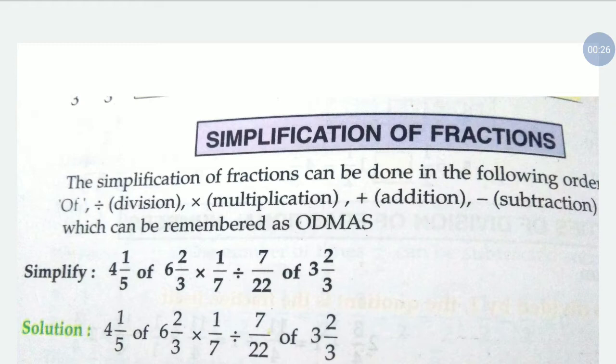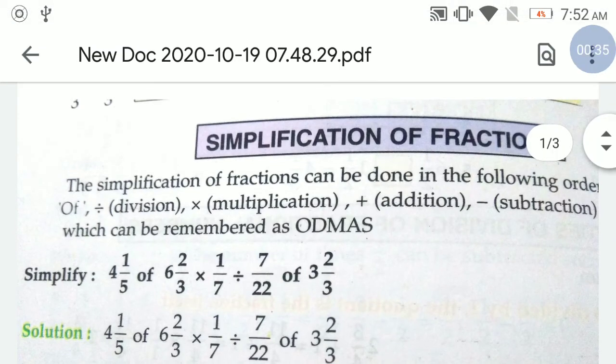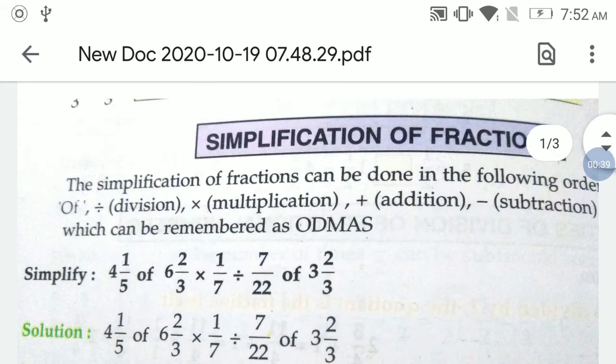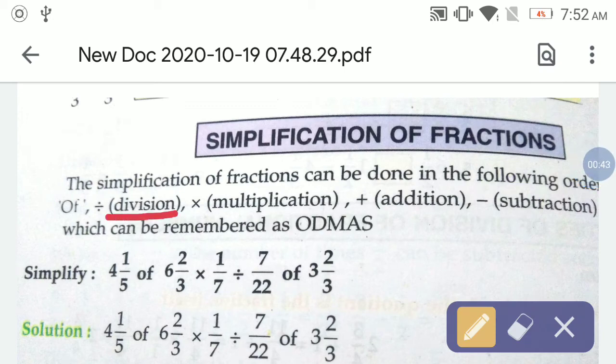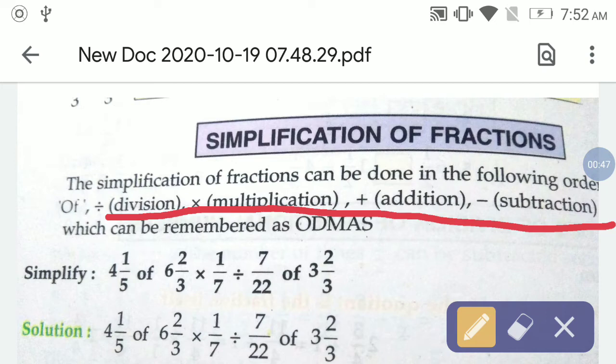That we have to see. There is a rule to solve it. First of all, we have to do the division, then the multiplication, and then addition, and then subtraction.